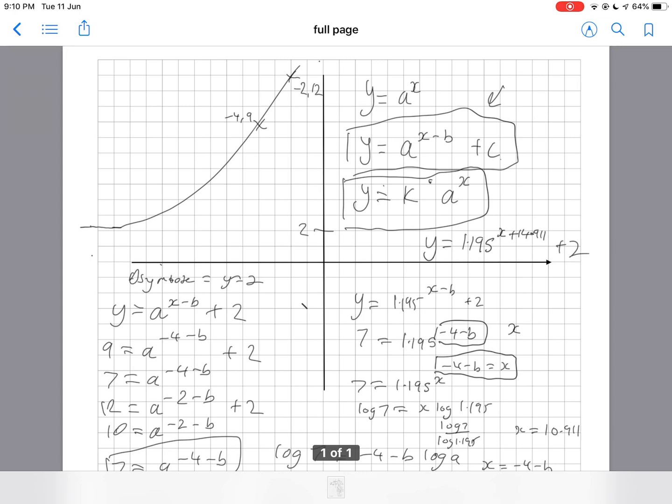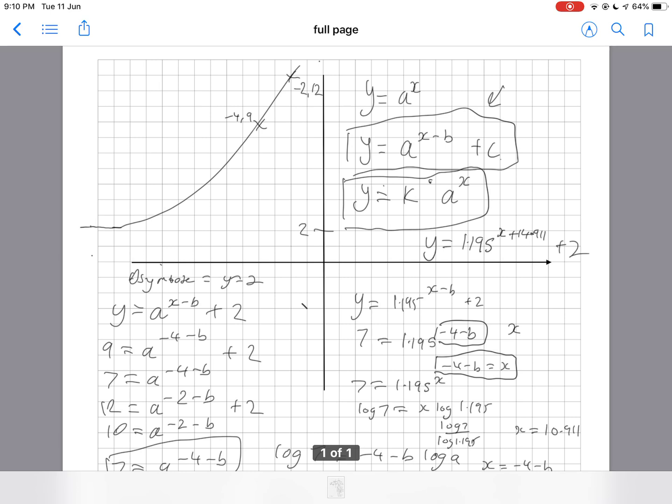Just let me double check if my graph is actually right at all. 1.195 to the power of x. Sorry, what am I doing?